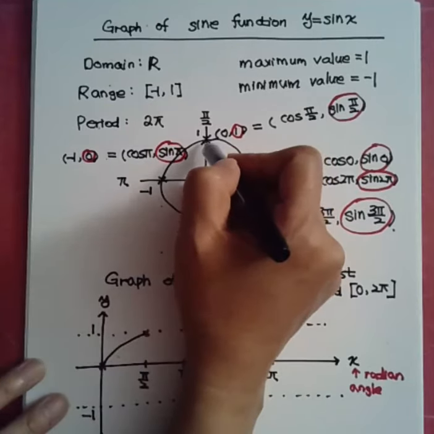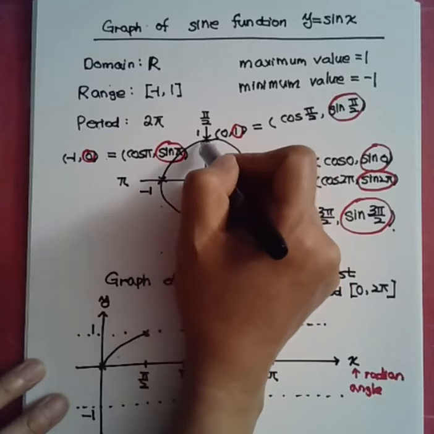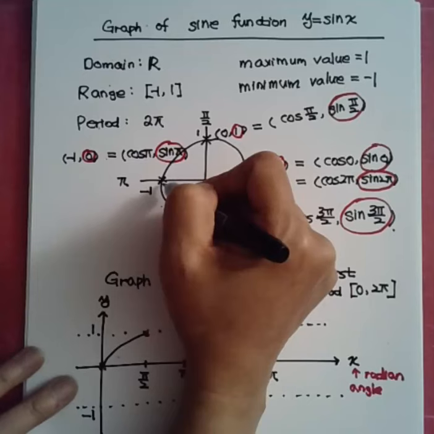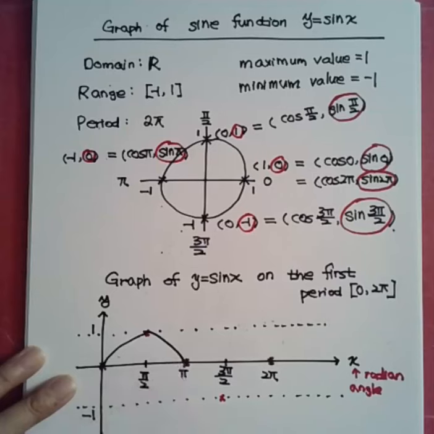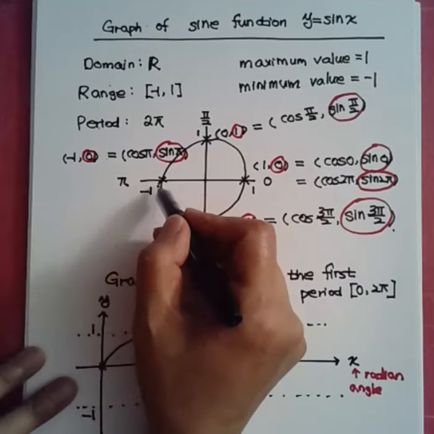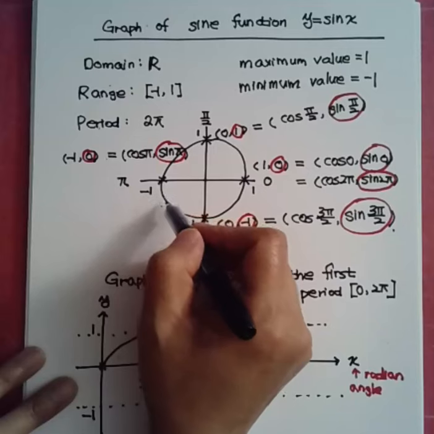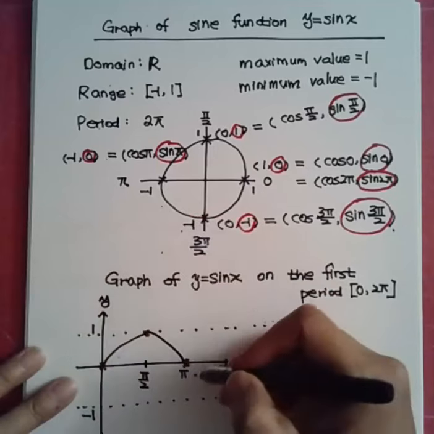Between pi over 2 and pi, the y function value decreases and eventually becomes 0. So it becomes like this. And between pi and 3 pi over 2, the y value still decreases and eventually becomes -1.